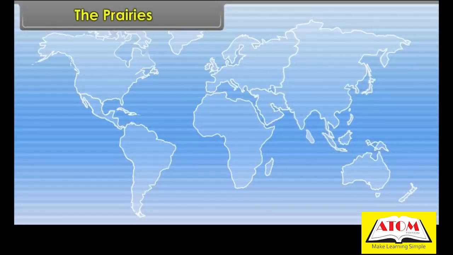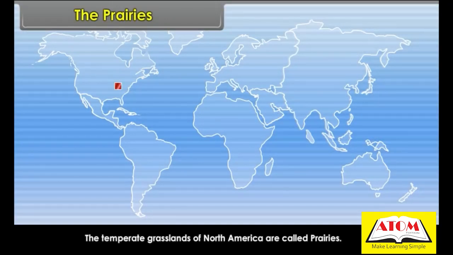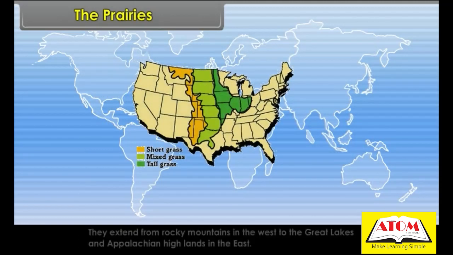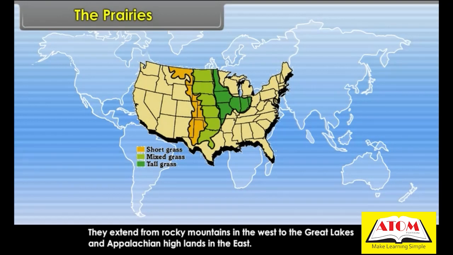The prairies. The temperate grasslands of North America are called prairies. For the most part, prairies are treeless, but near the low-lying plains flanking river valleys, woodlands can be found. They extend from the Rocky Mountains in the west to the Great Lakes and Appalachian Highlands in the east.